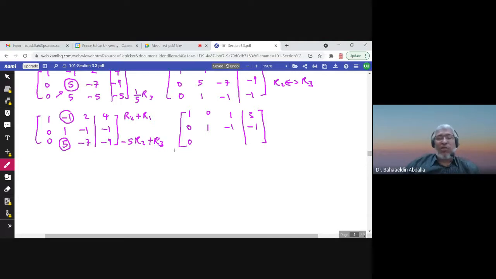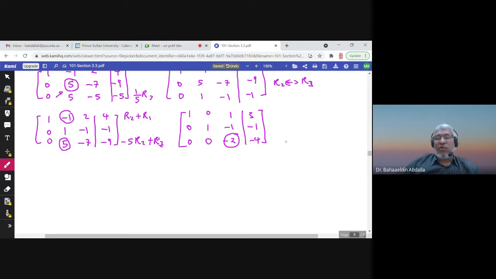Negative 5 times 1 plus 5, that's 0. Negative 5 times negative 1 is 5, plus negative 7, that's negative 2. Negative 5 times negative 1 is 5, plus negative 9, that's negative 4. And now I finished dealing with column 2 and I need this number to be 0.